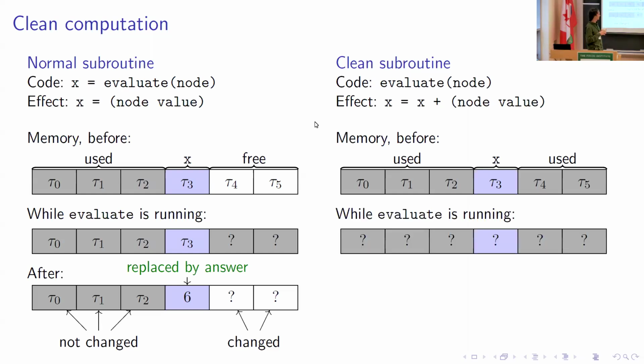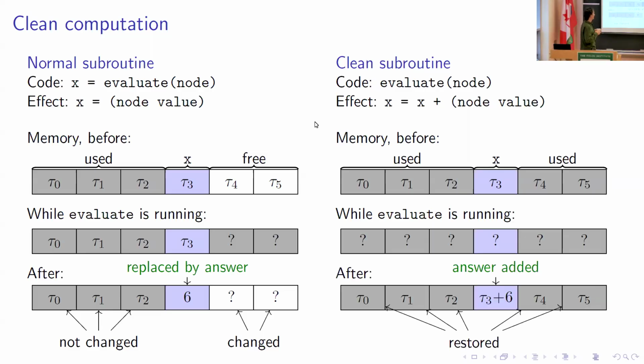And the next difference is that despite what I just said, while the subroutine is running, it's actually going to be changing the values all throughout memory. So while the subroutine is running, memory is going to have these weird values in it. And then somehow, when the subroutine finishes, all of the values are going to be restored, except for the variable x, which will have the answer added to it.